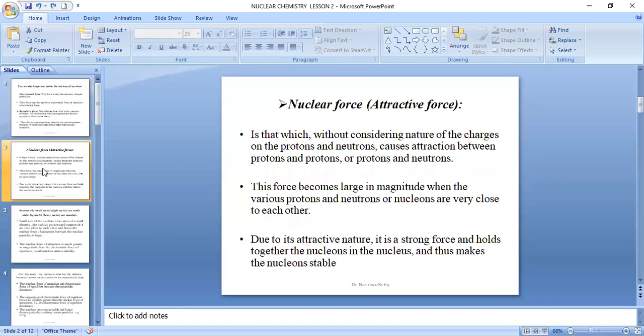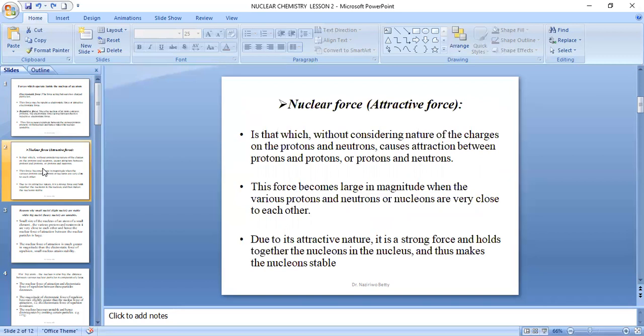Another force is the nuclear force or attractive force. This is the force which, without considering the nature of the charge on the protons and the neutrons, causes attraction between protons and protons or protons and neutrons.